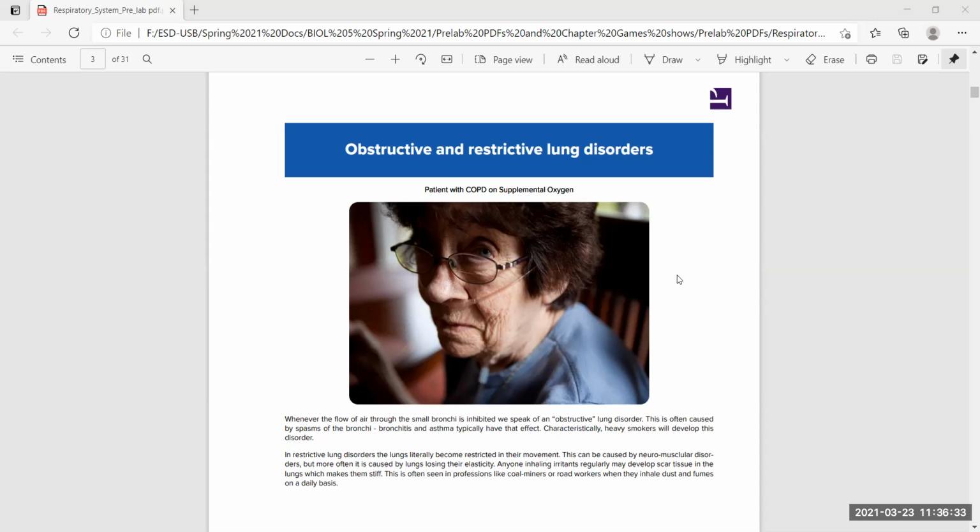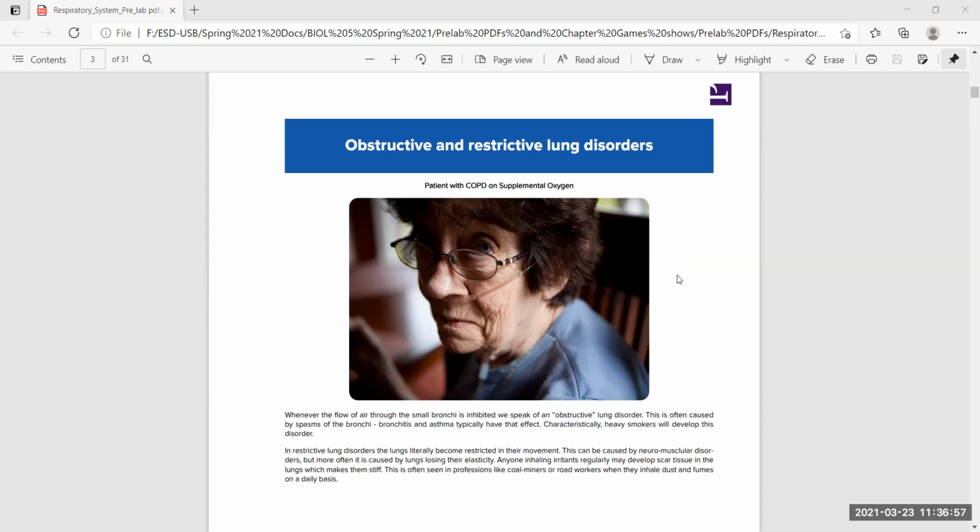That means your lung volume is restricted, and that is called restrictive lung disorder. Some examples of obstructive lung disorder are bronchial asthma. Restrictive lung disorders are like lung fibrosis or neuromuscular disorders of your chest muscles or bones.